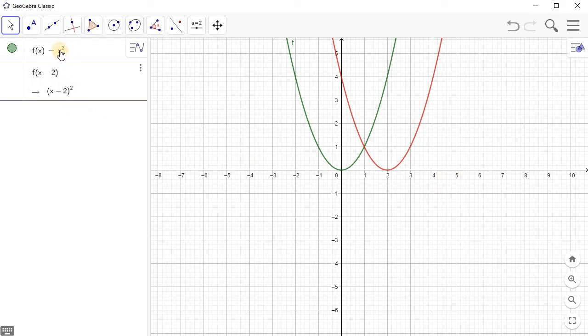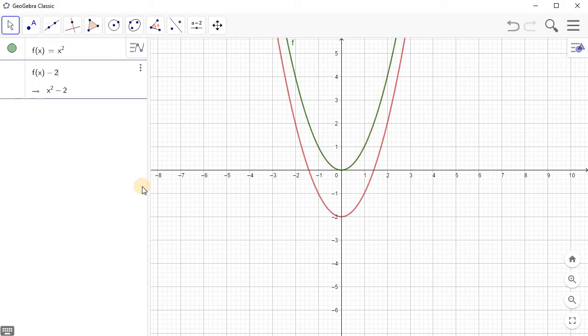And notice how the x minus 2 is in parentheses squared. All right. So now let's take this and change it to plus, and it shifts it to the left 2 units. And then if we erase that, and let's put a minus 2 outside the parentheses, it shifts the graph down 2 units.